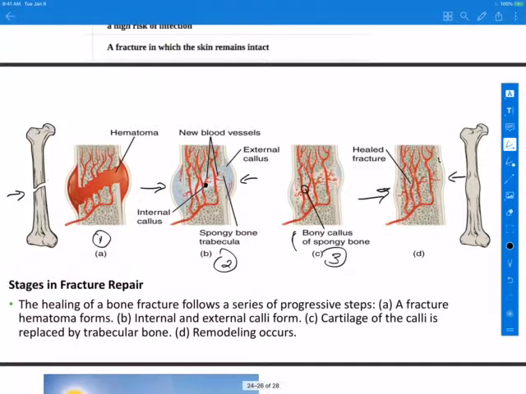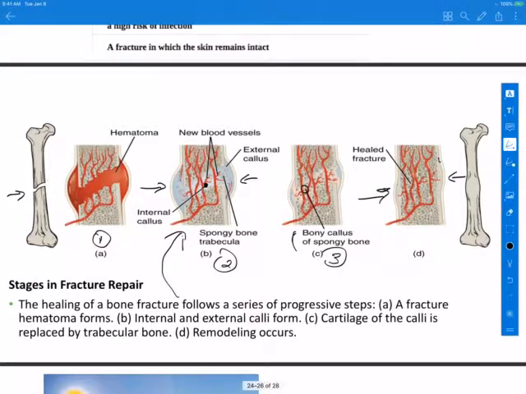But what's important to note is that in this particular stage, when you have these calluses made up of cartilage and bone, within about 48 hours, the stem cells from the endosteum differentiate into chondroblasts, and they secrete fibrocartilaginous matrix that unites the bone.